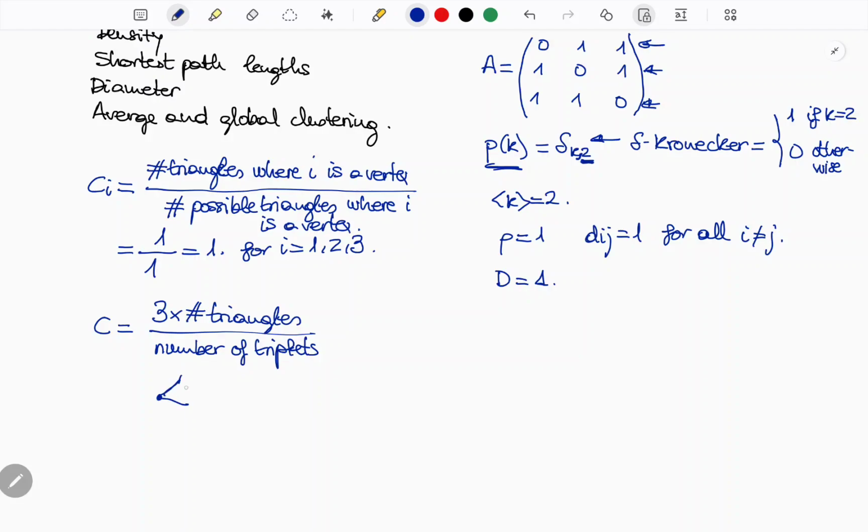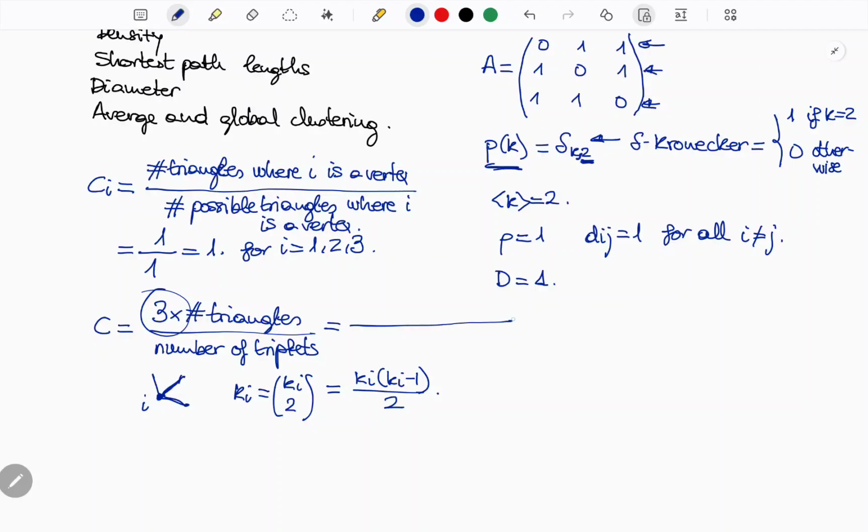So if this is node i, and I have some degree k_i, remember that the number of triplets is going to be k_i choose 2, the binomial number, which is k_i times (k_i minus 1) divided by 2. Remember this. And the 3 is there because of how I count.